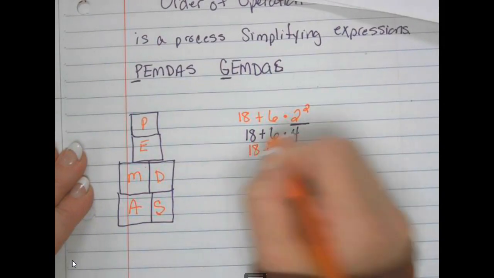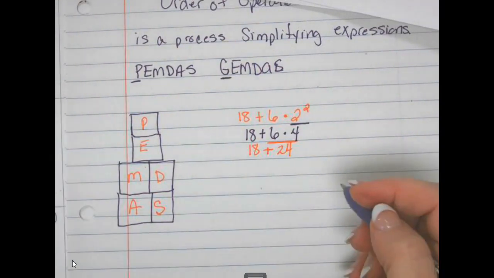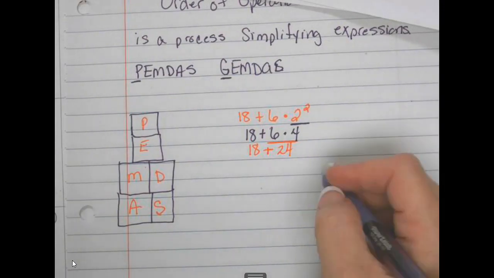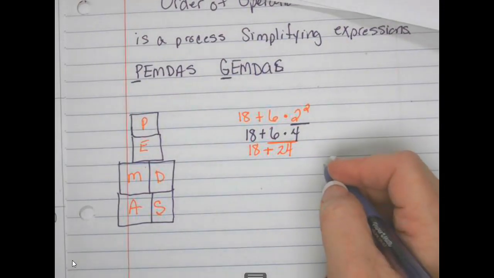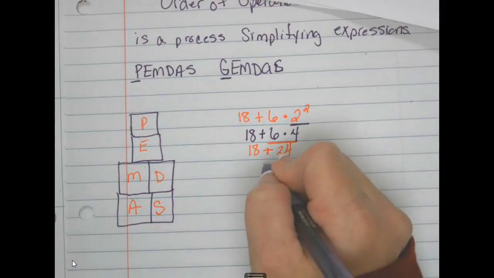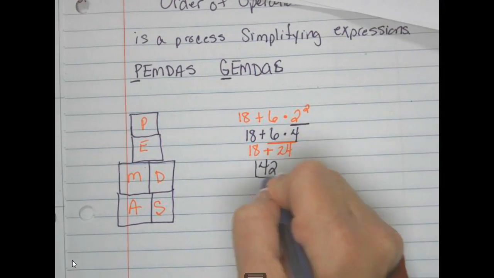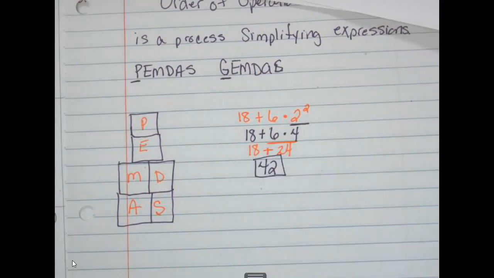Everything else comes straight down. 18 plus 24. 18 plus 24 is 42. So this is my answer.